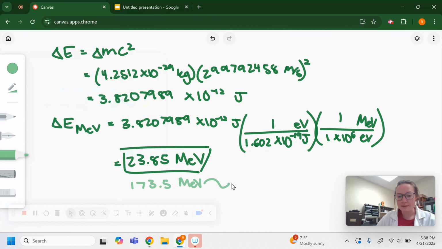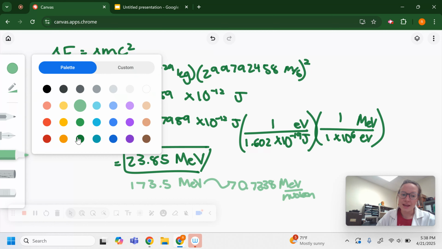For this one, we take this divided by 235, actually 236, because we have that one extra neutron that comes in. But anyway, the amount of energy released per nucleon is 0.7338-ish mega electron volts per nucleon.